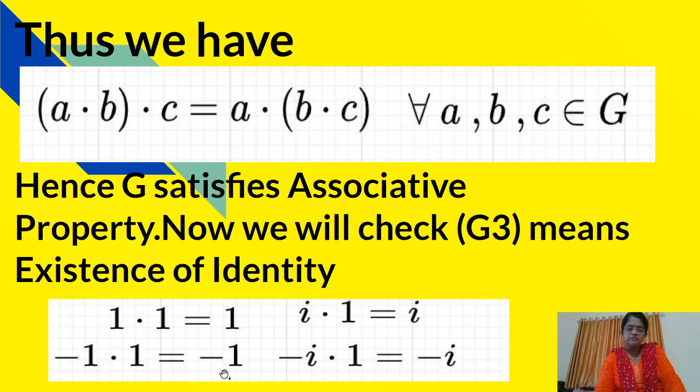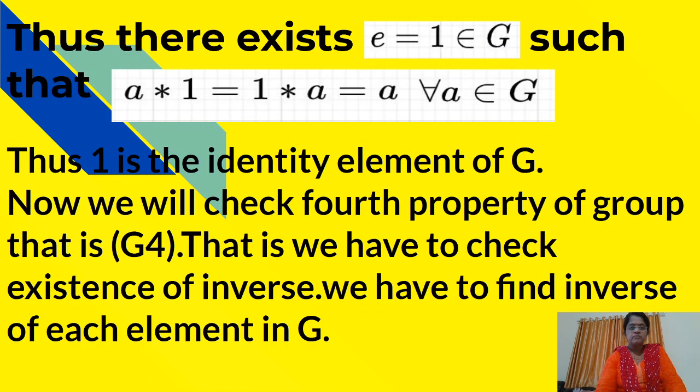Therefore we can observe that 1 is the identity element for the given group G. Thus there exists e is equal to 1, which belongs to G, such that a star 1 is equal to 1 star a is equal to a for every a belonging to G. That is, 1 is the identity element of given set G.